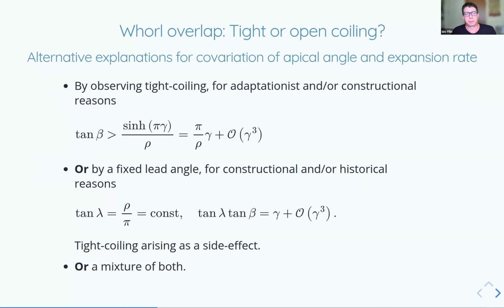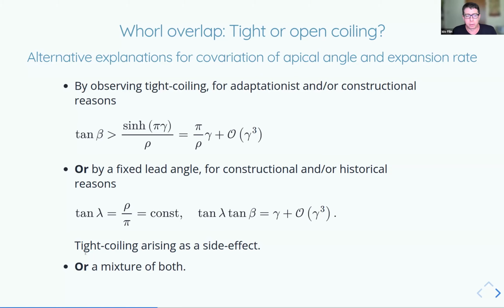So we have, basically, alternative explanations from these relationships for whole overlap. There is the traditional condition due to Raup, which gives a covariation of apical semi-angle and expansion rate. And this may have some adaptive value in terms of mechanical strength of shells that are tightly coiled.